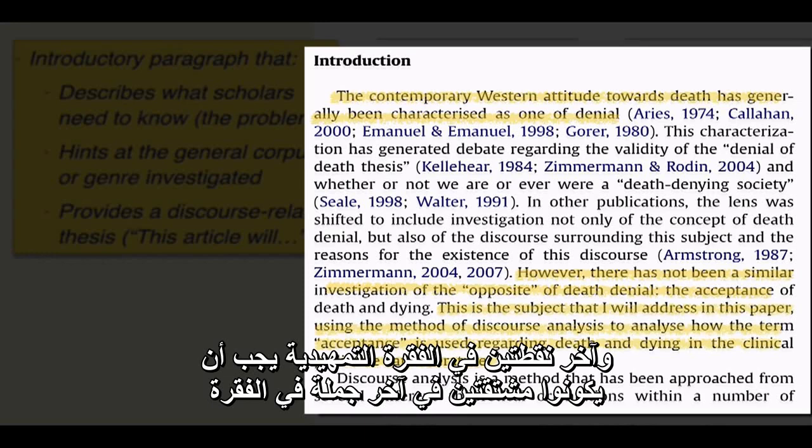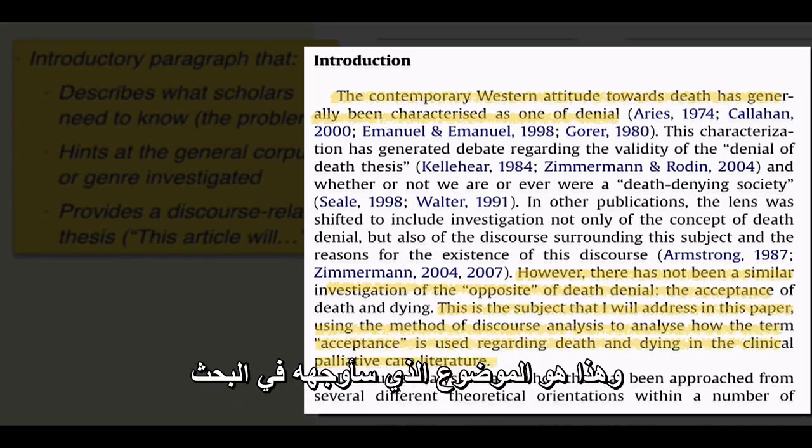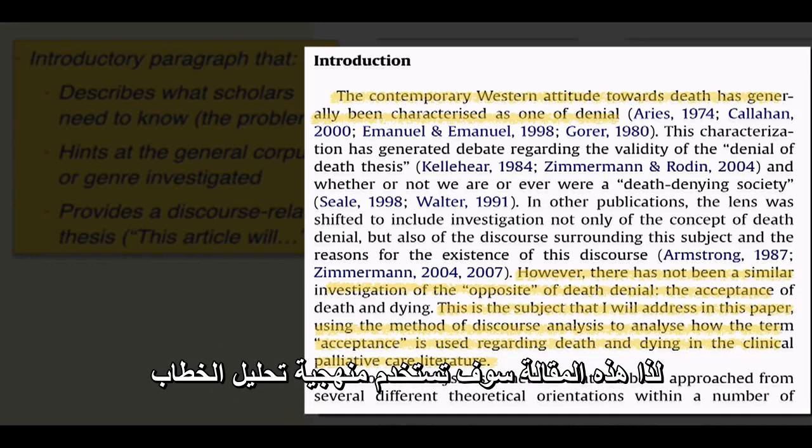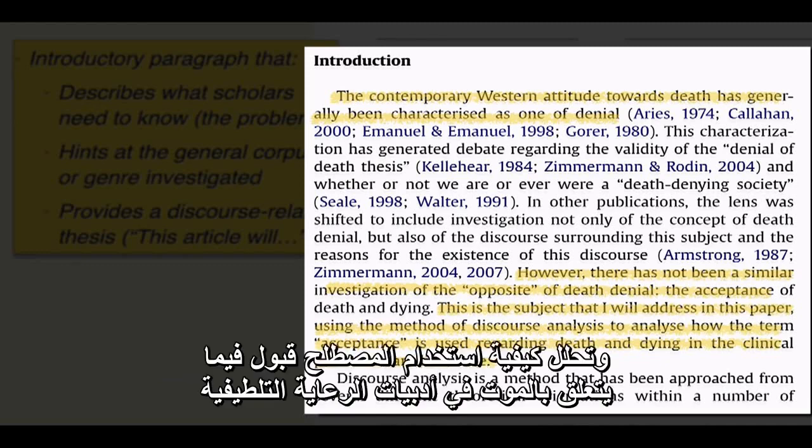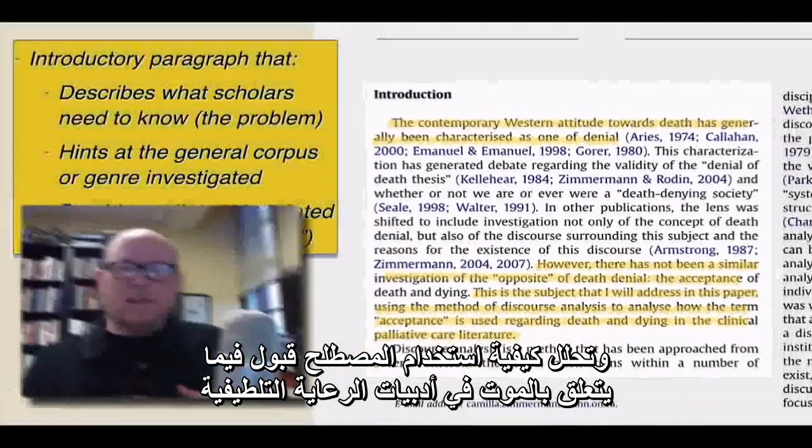And the last two points that an introductory paragraph should have are incorporated in this last sentence of the paragraph. This is the subject that I will address in this paper. All right, so this article will, using the method of discourse analysis, so providing a discourse-related thesis, analyze how the term acceptance is used regarding death and dying in the clinical palliative care literature.